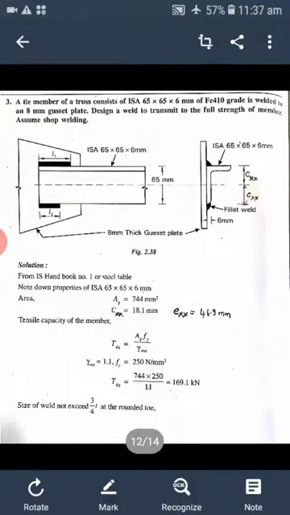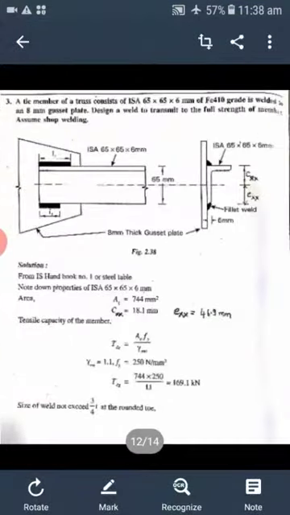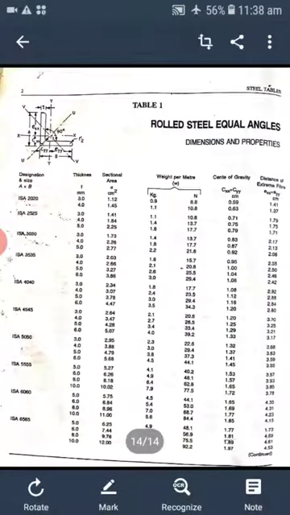So the solution here: first, from the IS handbook or steel table, we need to take the properties of ISA 65 by 65 by 6 mm. Just refer to the steel table, and you will get all the properties of the section.